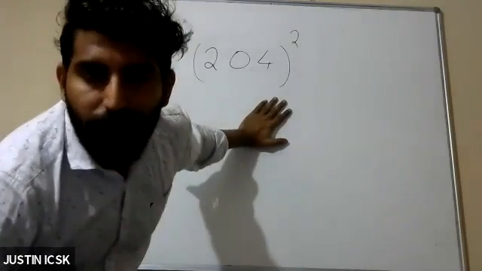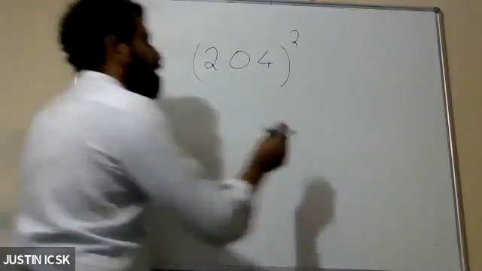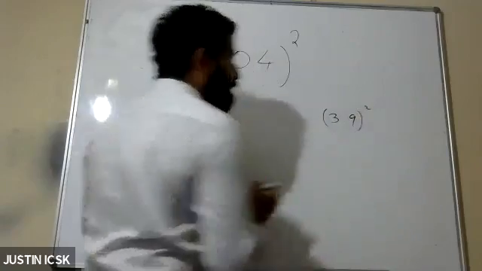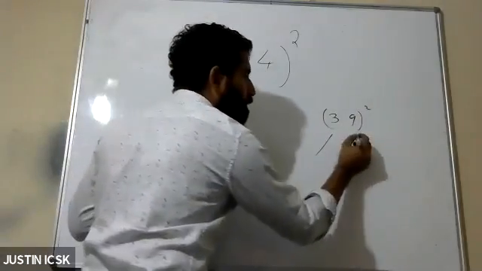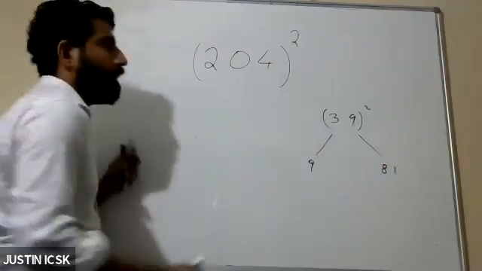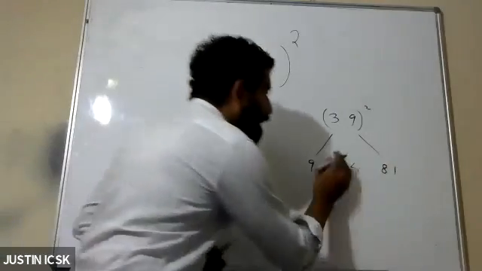I hope the previous method is clear. The 39 square, I think it is clear. Don't confuse. 39 square is difficult. 9 square is 81, 54. So just carry this number.